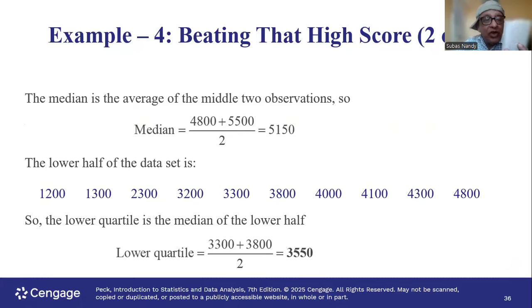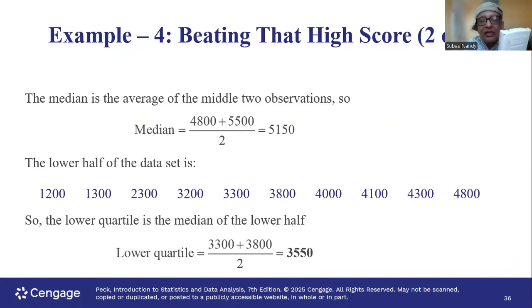Q1 is 3550. Q3 minus Q1 gives you the interquartile range as 2600. That is, if you add 2600 to Q1, you get the Q3. So the range of the middle 50% of the numbers in this case is 2600.